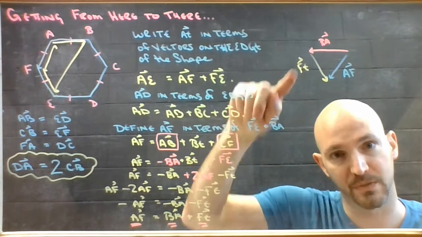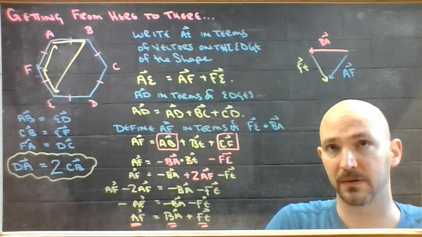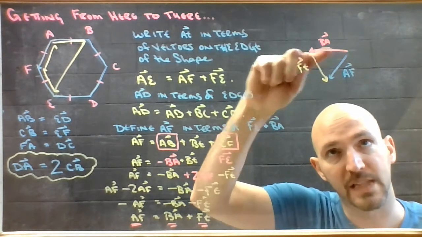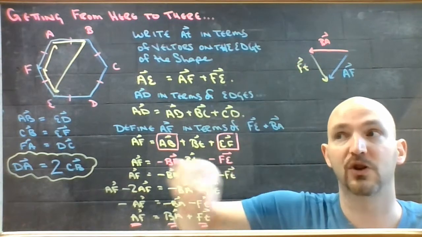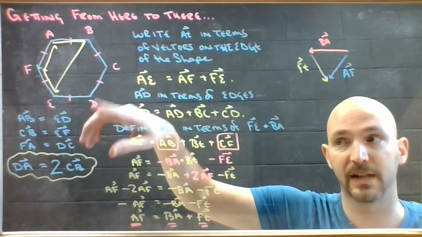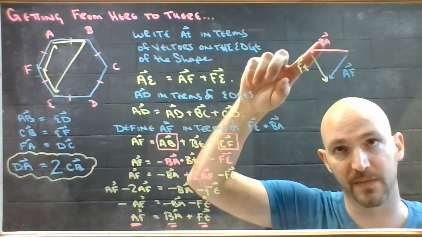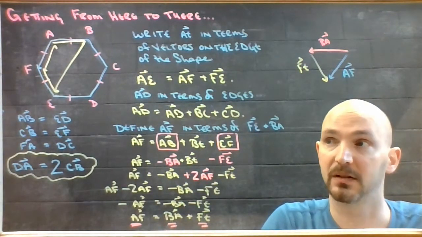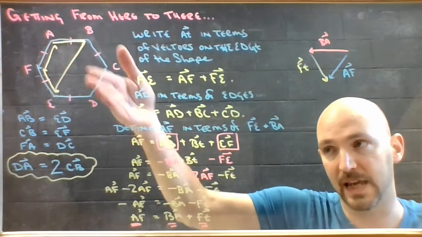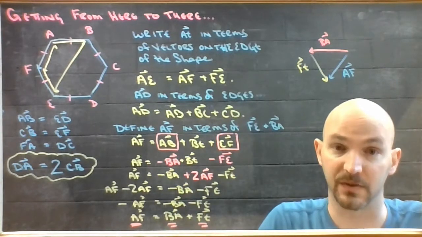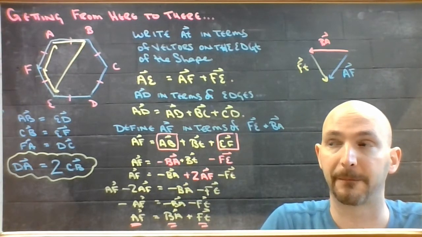I only need two because it's a two-dimensional shape. So I can use that side and that side to go back, and I could try and define D to C in terms of these two vectors, and I'd be able to do it. I could try to define A to D in terms of those two vectors, and I'd be able to do it.